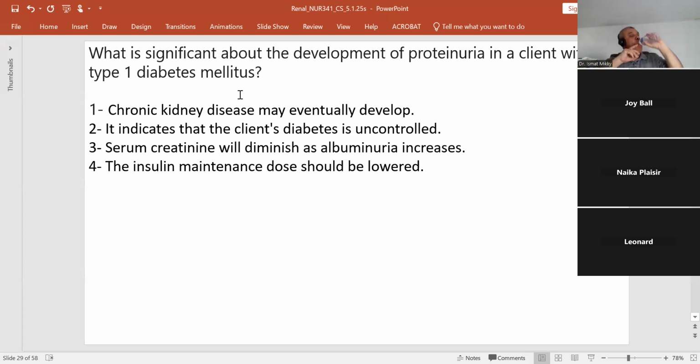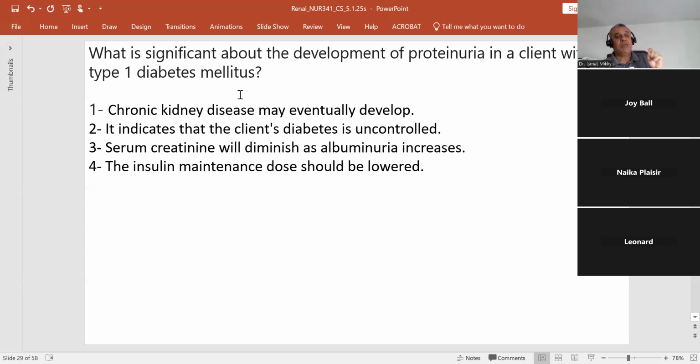Number two. So it indicates that the client's diabetes is uncontrolled. Well, what would indicate that this is uncontrolled diabetes? For uncontrolled diabetes, I would know from the A1C, right? I can just go to the A1C and find out.